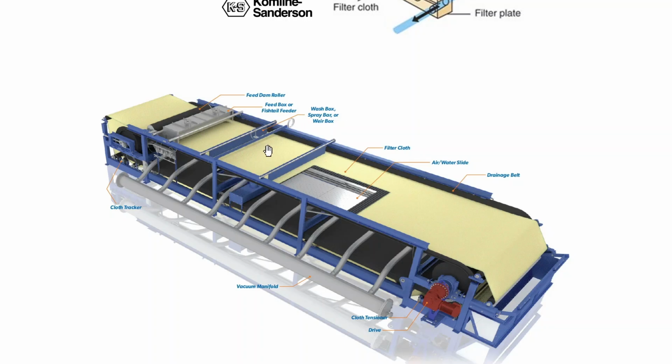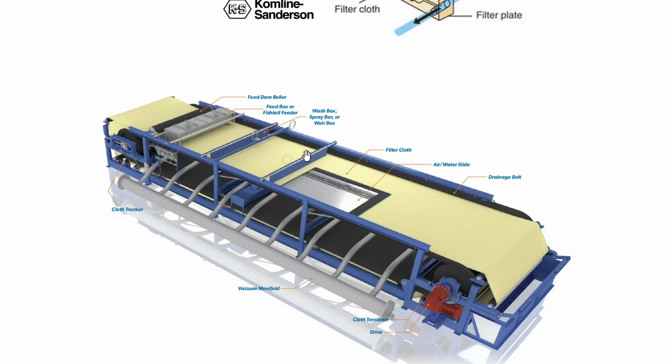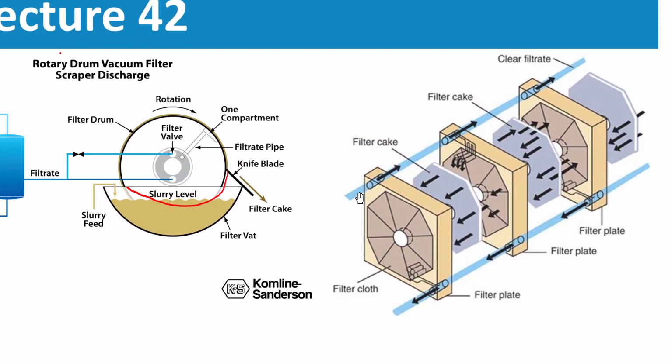The water travels horizontally across this filter, and there will be sections where the water will be able to pass. Here we are providing vacuum, because the pressure difference sucks the water into the pipelines, and you can collect that water, and separate the cake or solid.